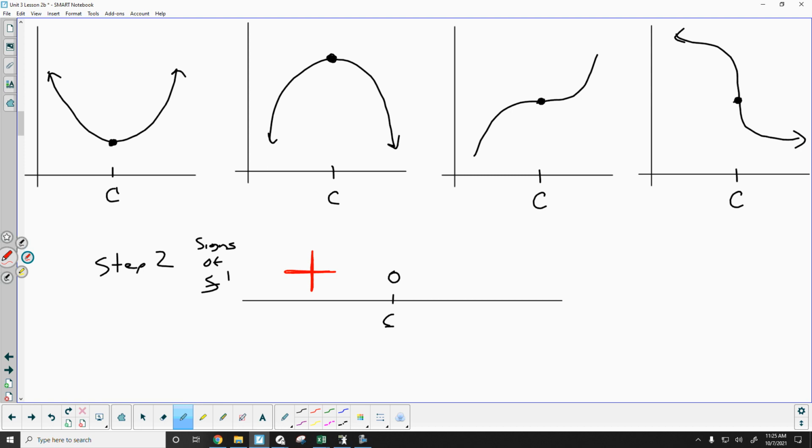And let's say you found, and I'll show you how to do it later, that the signs of f prime were negative after c. Would you be able to pick out which one of these graphs would be the graph of your function? Go ahead and tell your neighbors. Which graph would work?